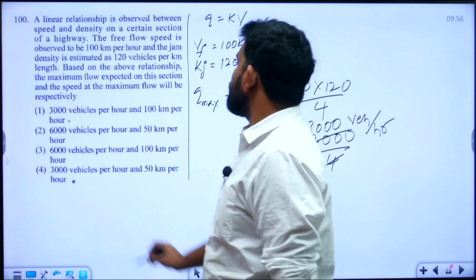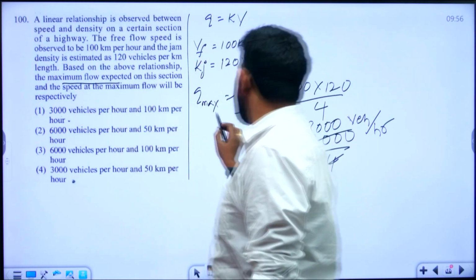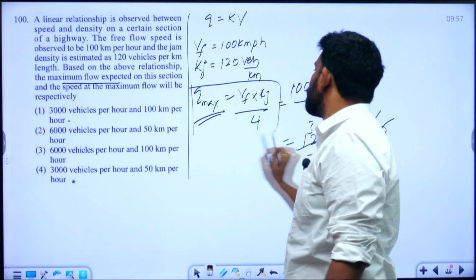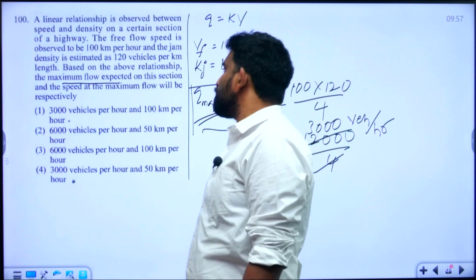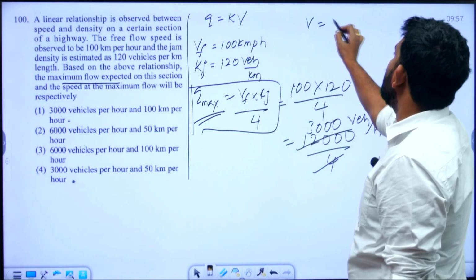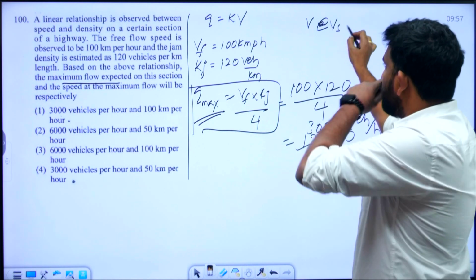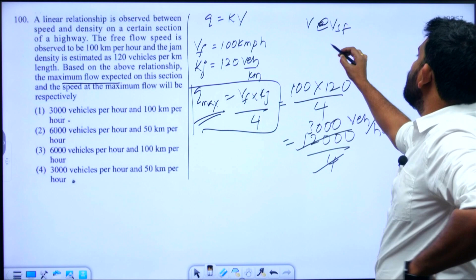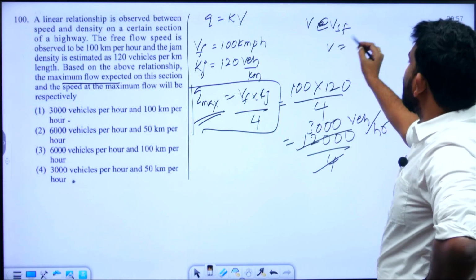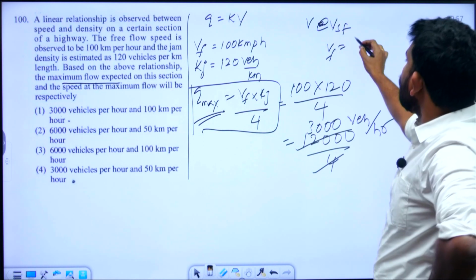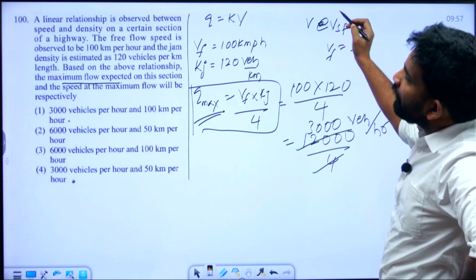Okay, and now the question is based on the above relationship, the maximum flow. We found out the maximum flow here. The flow can be easily found out from this relation, Q max is equal to Vf into Kj upon 4. On this section, the speed at the maximum flow will be dash. Speed at the maximum flow, V at Q max, can be found out as half of the free flow speed.